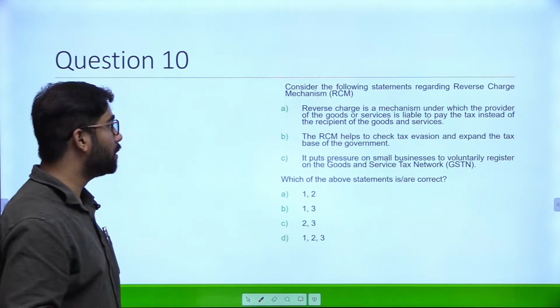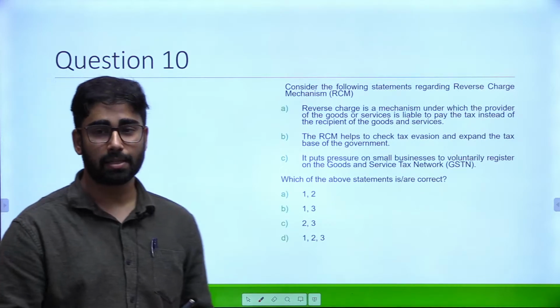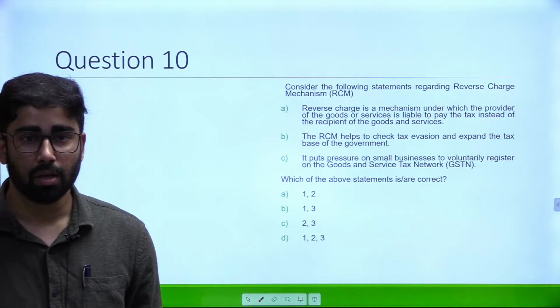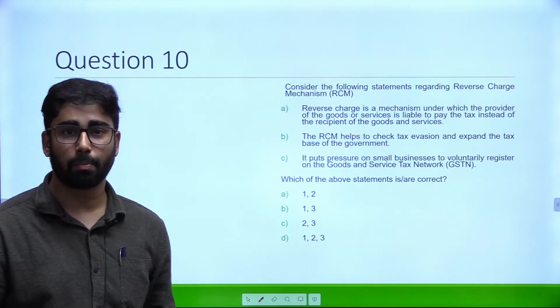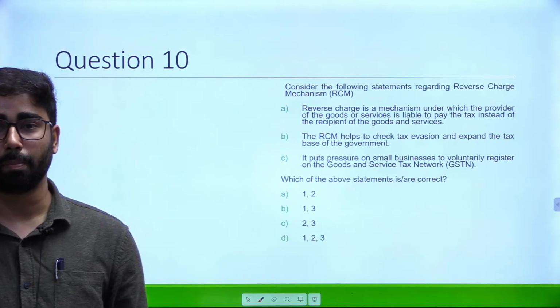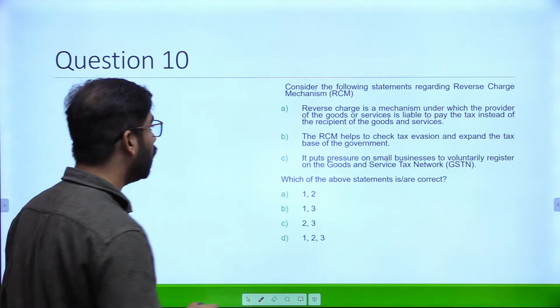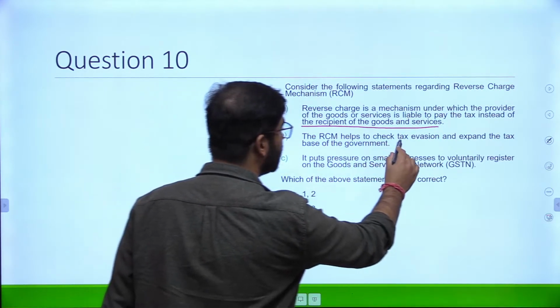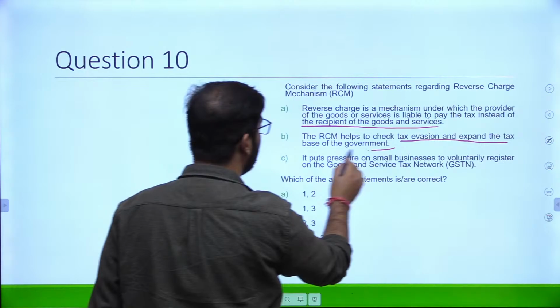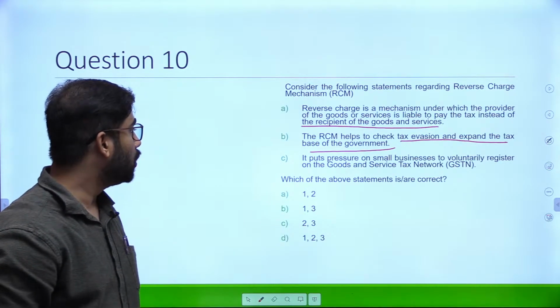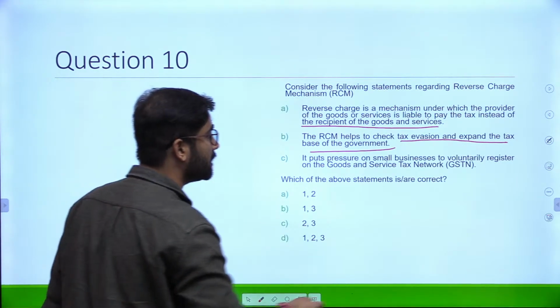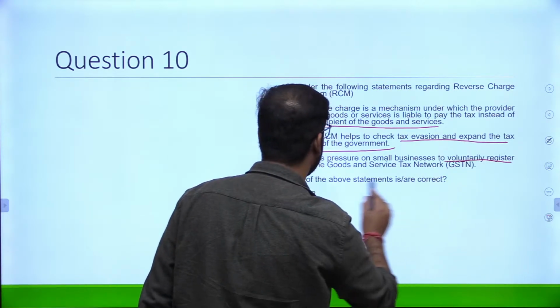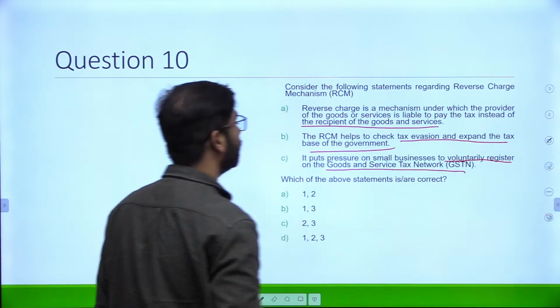Now the last question is, consider the following statements regarding the reverse charge mechanism. One, reverse charge is the mechanism under which the provider of goods or services is liable to pay the tax instead of the recipient of goods and services. Two, the RCM helps to check tax evasion and expand the tax base of the government. Three, it puts pressure on small businesses to voluntarily register on the Goods and Services Network.